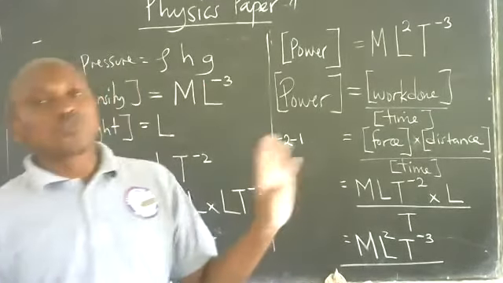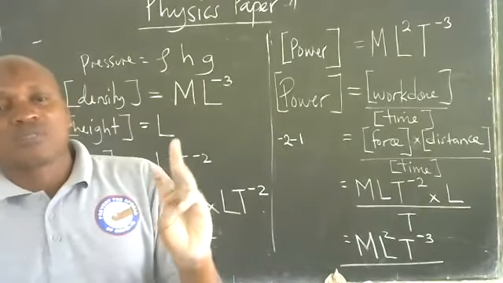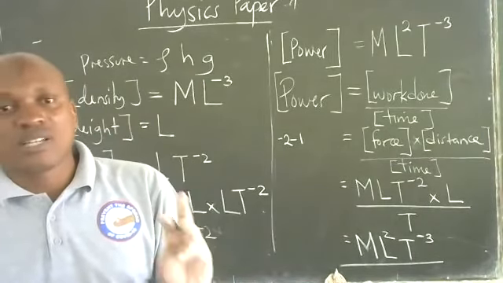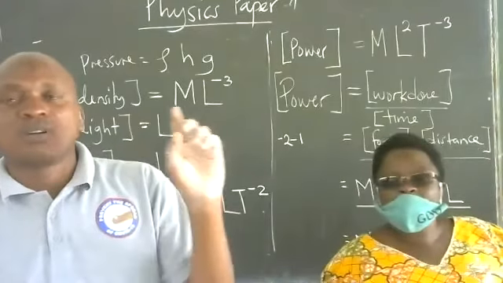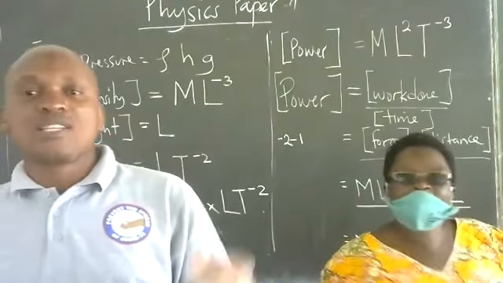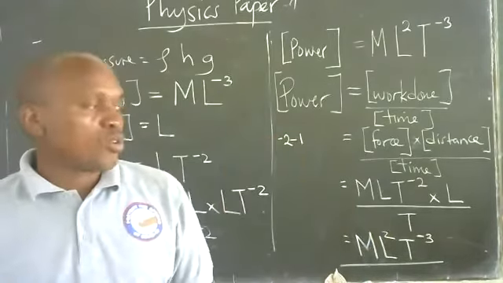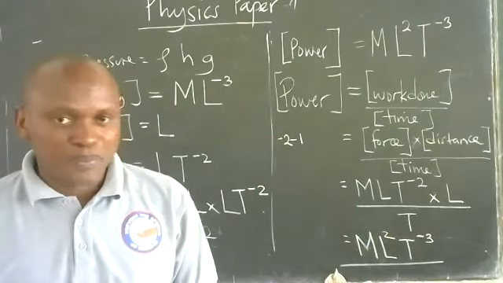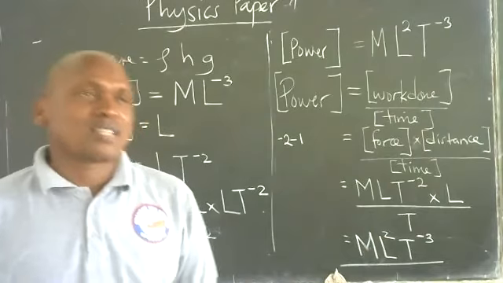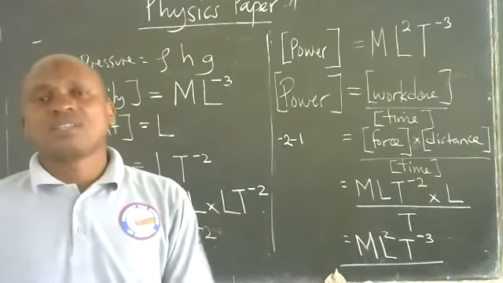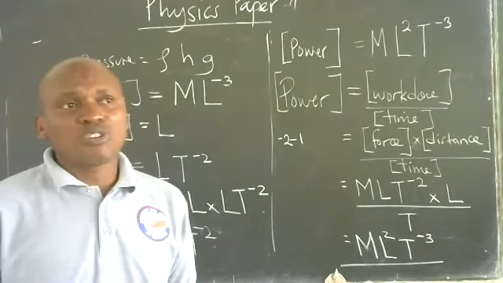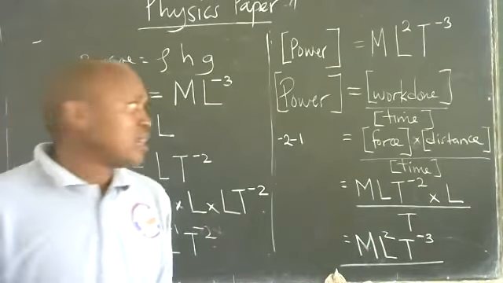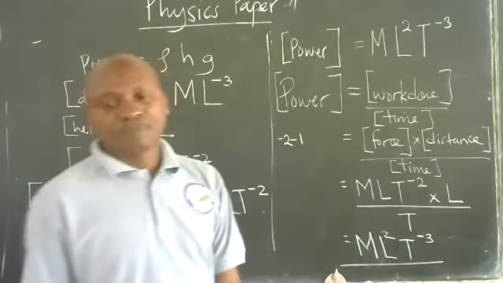So when they ask you to define dimensions of a physical quantity, you just say, it shows the way a derived quantity is related to fundamental quantities. After that, we gave examples of how we can relate all those derived quantities in terms of the 3. Those are the ones we have talked about today.